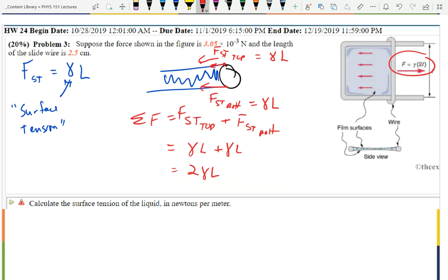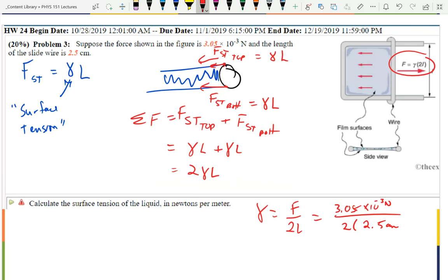Okay, so calculate the surface tension of the liquid. Given this equation that I circled, which we've now derived why they gave us that equation, how do I find gamma? Force over 2 length. So in my case, it's 3.05 times 10 to the minus 3 newtons divided by 2 times 2.5 centimeters.